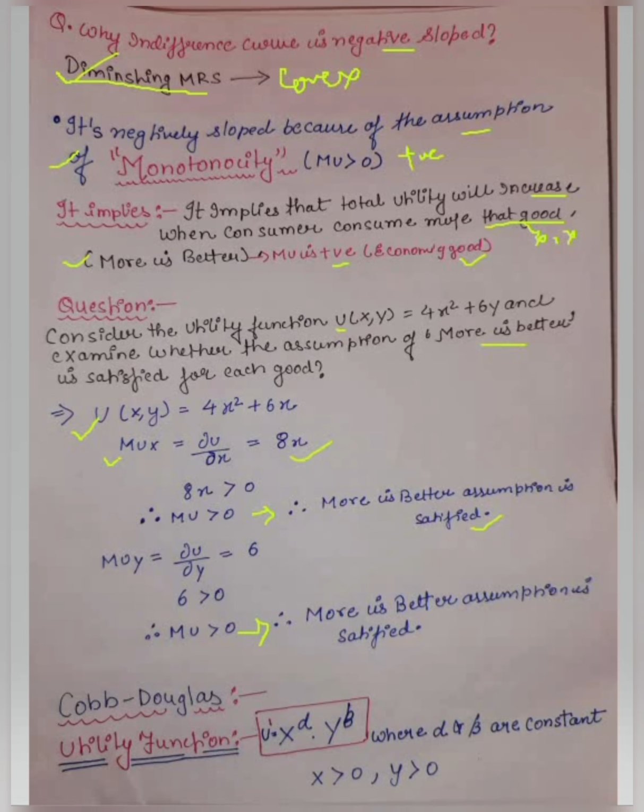Okay, now we will see the Cobb-Douglas utility function. The utility function of Cobb-Douglas is u is equal to x to the power alpha into y to the power beta, where we assume alpha and beta as constant terms. Always remember this, alpha and beta are constant terms, and x is greater than 0 and y is greater than 0.